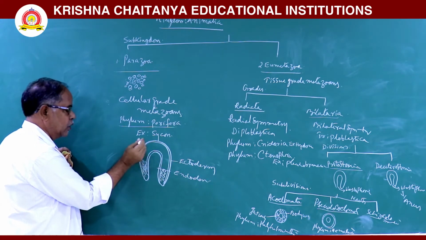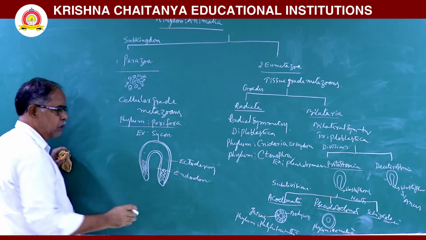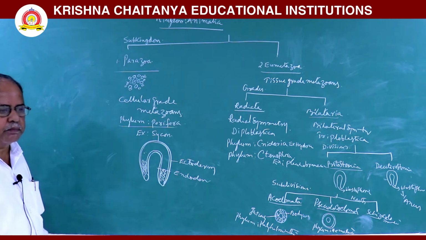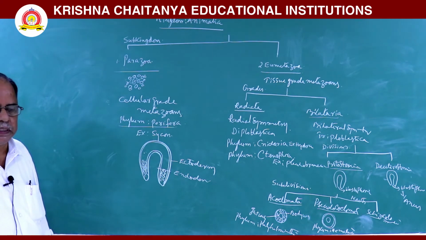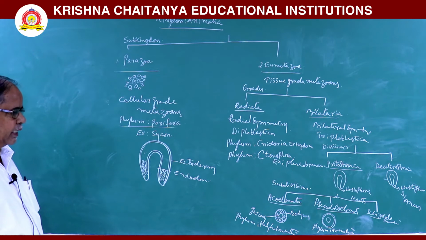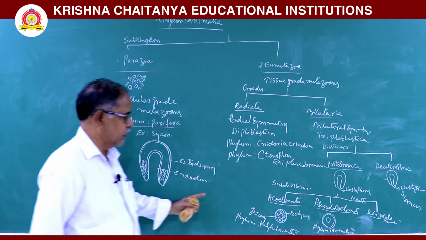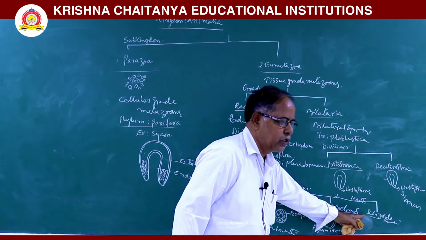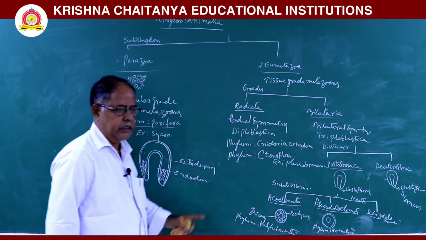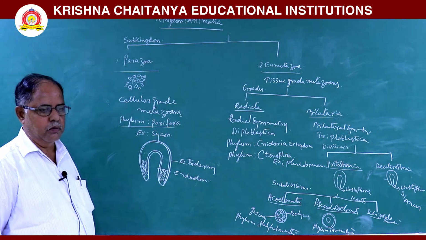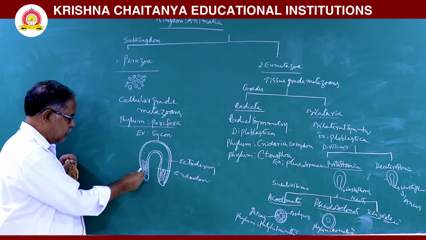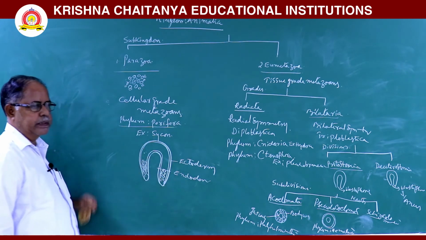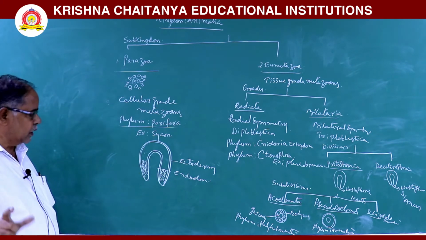This is called a true coelom. This true coelom is formed by splitting of the mesoderm. That's why this subdivision is called Schizocoelomata.